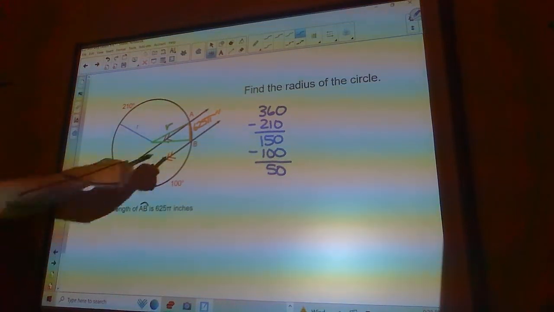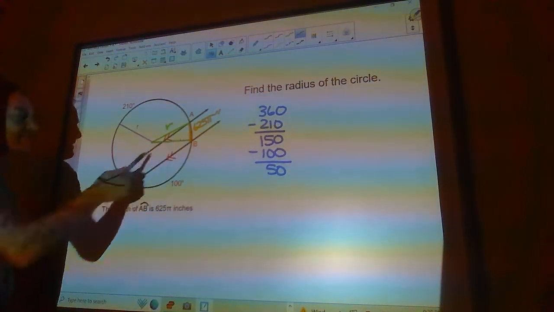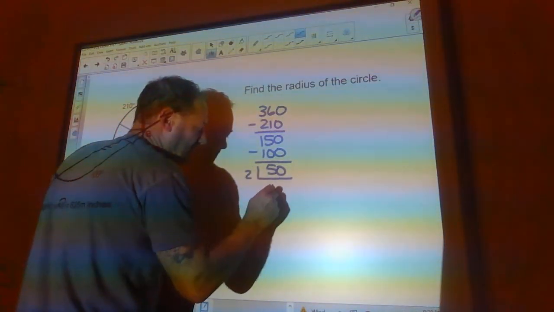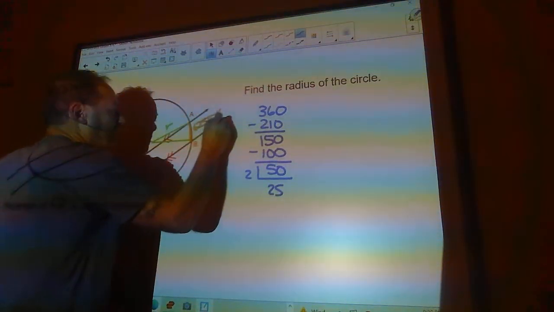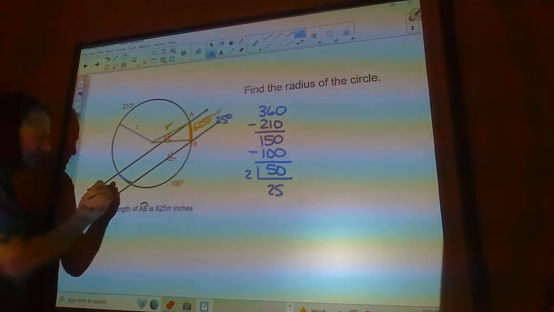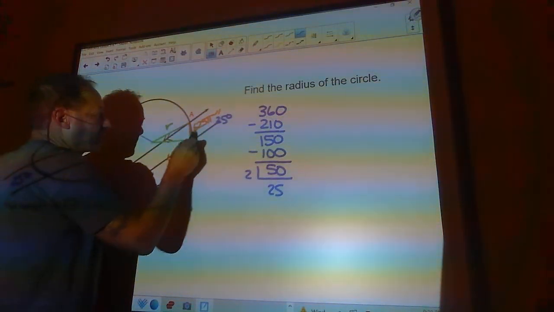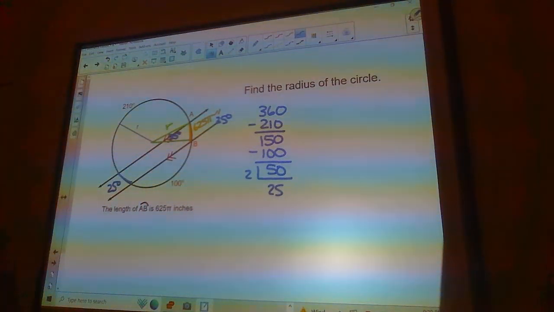How do I know that? Because these are parallel lines, and so these two arcs are exactly the same length and the same measure. So I'm going to divide this by 2, and I'm going to get 25. So that means that this arc is 25 degrees, and this arc is 25 degrees. That makes 360 all the way around. And if this arc is 25 degrees, that central angle right there is also 25 degrees.